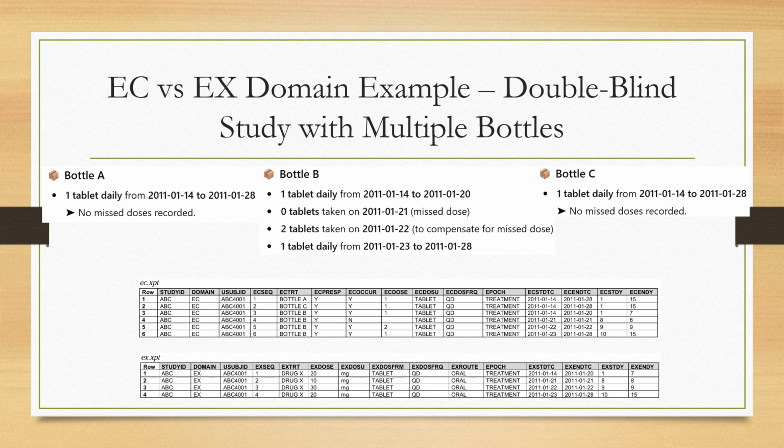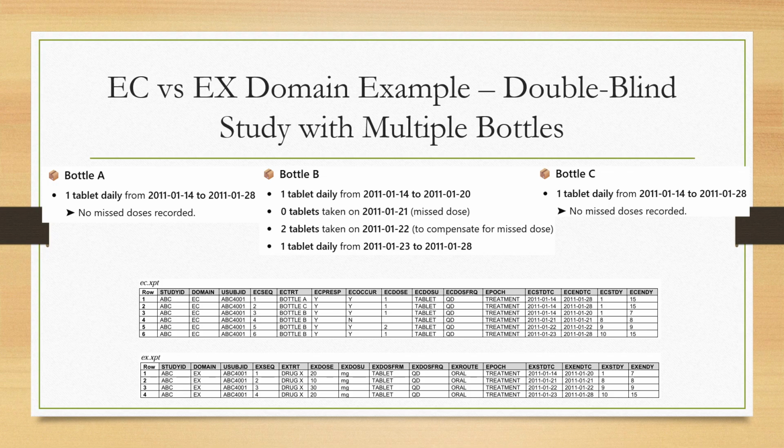For the next duration, 23rd to 28th of January, the subject took one tablet daily from bottle A, B, and C, which is 10 plus 10 plus 0, which is 20 mg daily. For this duration, we have a record created in EX, which is 20 mg for the time period 23rd of January to 28th of January.